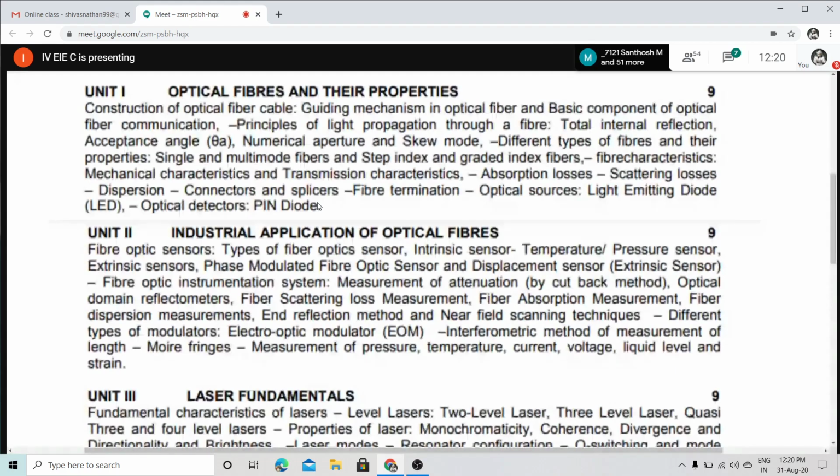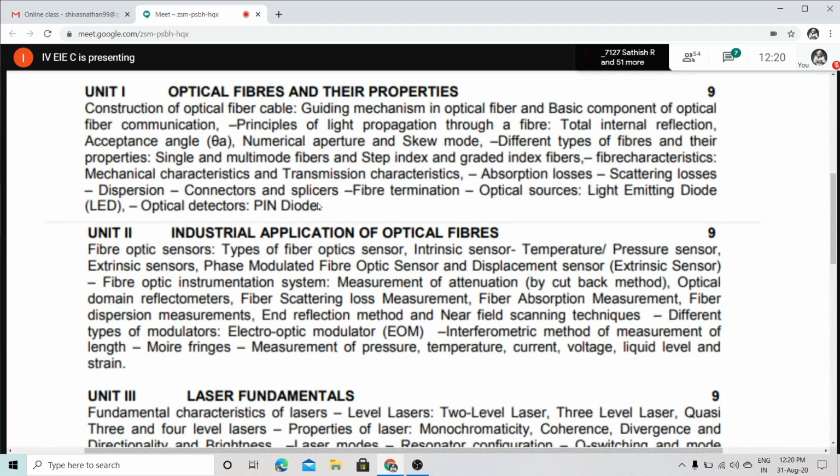Clear? So under intrinsic sensor, we are going to discuss about temperature, pressure and other variable measurements. Sorry. So under intrinsic sensor, we are going to discuss about temperature, pressure and other modes of process variable measurements. Okay. So coming to extrinsic sensor, we will discuss about phase modulated fiber optic sensor used for displacement measurement.